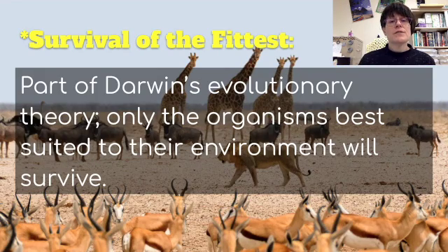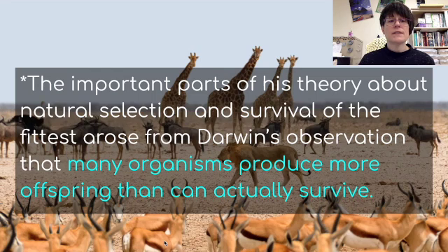Also part of this is survival of the fittest. This is part of Darwin's evolutionary theory that only the organisms best suited to their environment will survive. And as we can see here, there are many different animals here, and Darwin would say that they will not all survive, only the fittest will survive. The important parts of his theory about natural selection and survival of the fittest arose from Darwin's observations that many organisms produce more offspring than can actually survive.